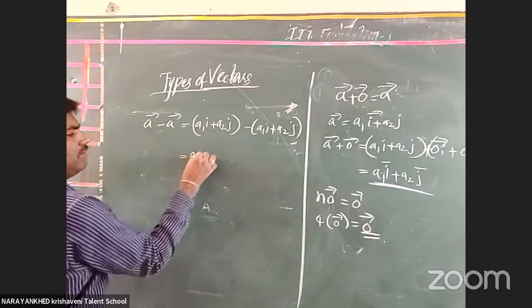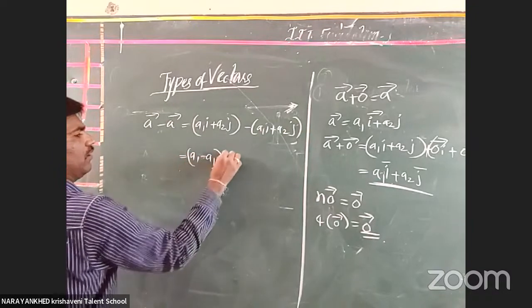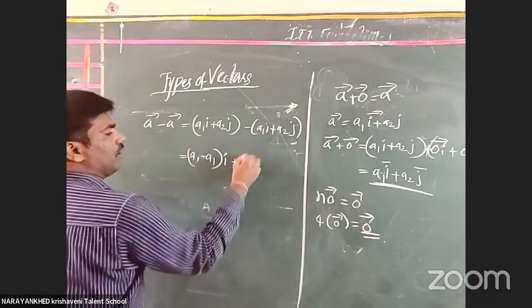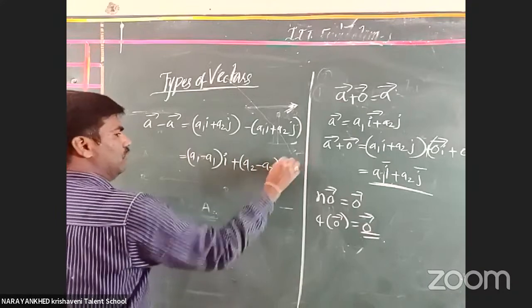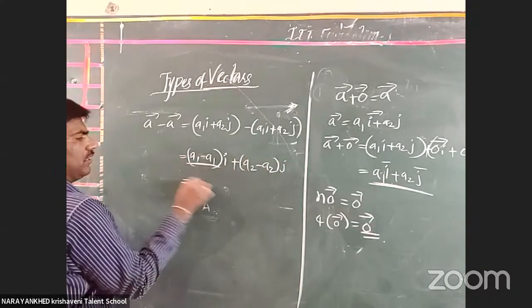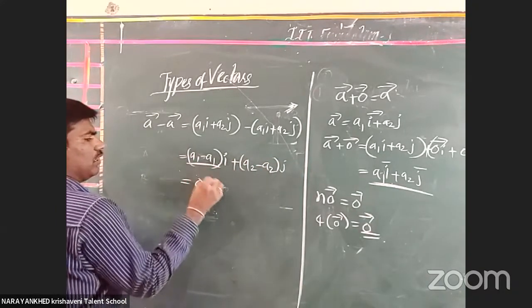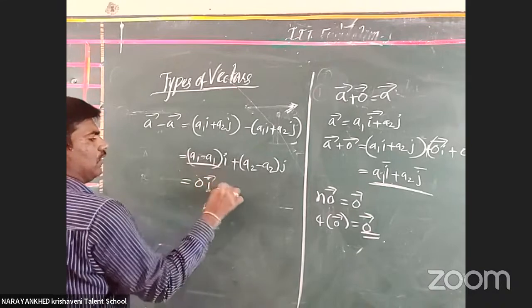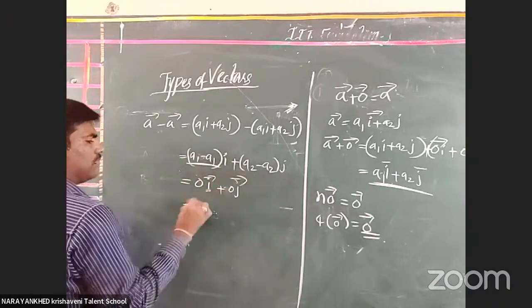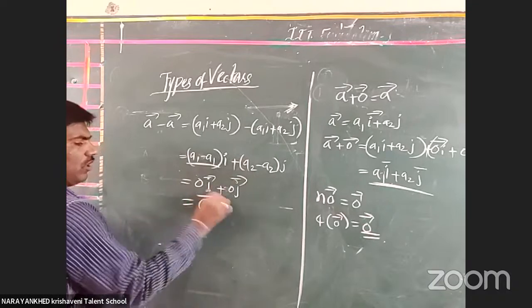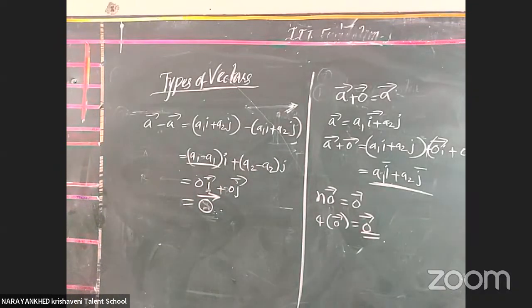Now it is written as A1 minus A1 i bar and A2 minus A2 j bar. A1 minus A1 becomes 0 bar, so 0 i bar plus 0 j bar. Clear. Now it is called 0 bar. Understood all of you?